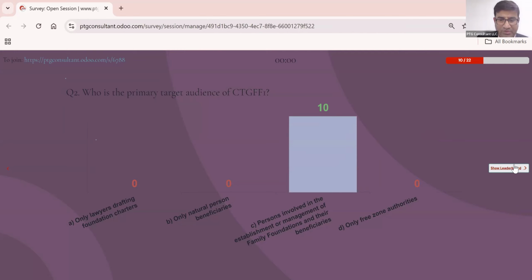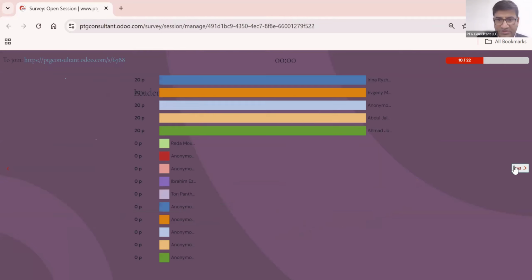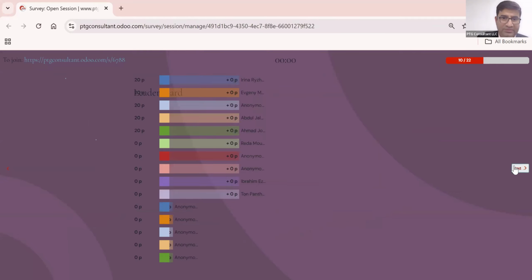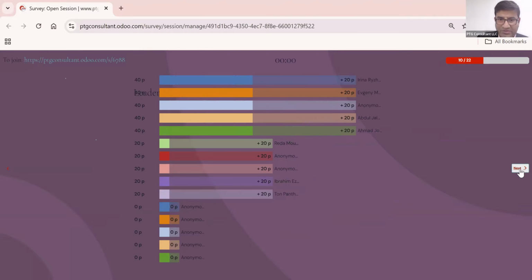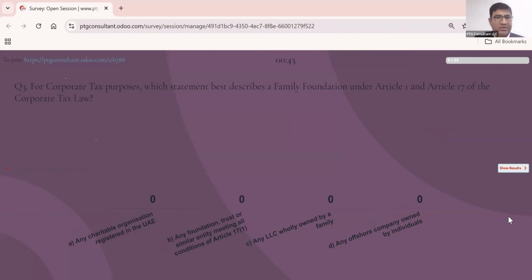That's great. Most of the people are aware of this. So let's continue to the next. This one is more important: which article is relevant for the family foundation, and what are the important parts covered there.